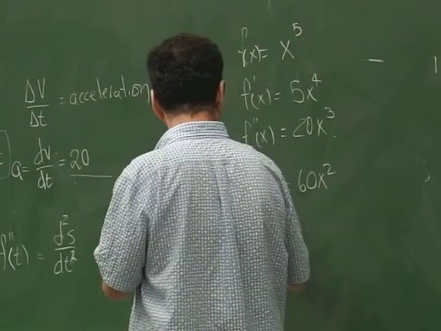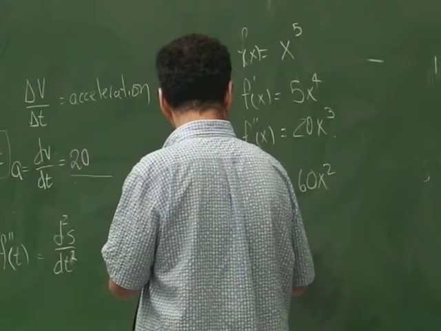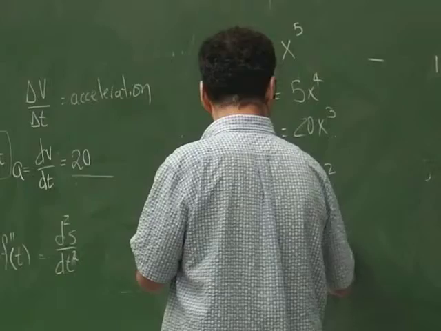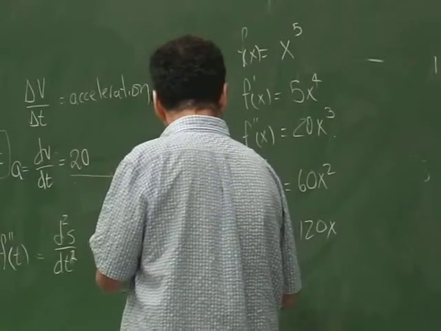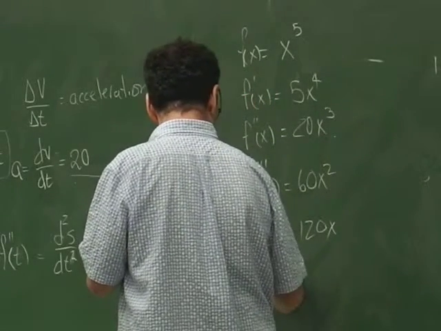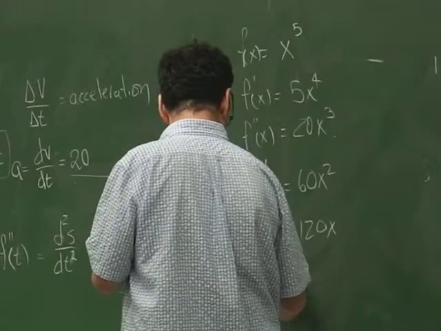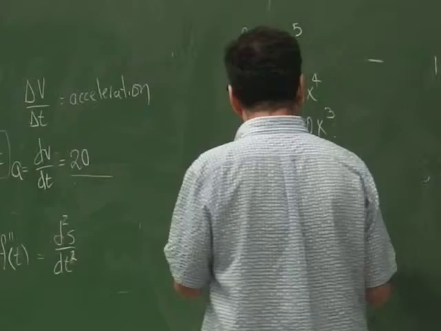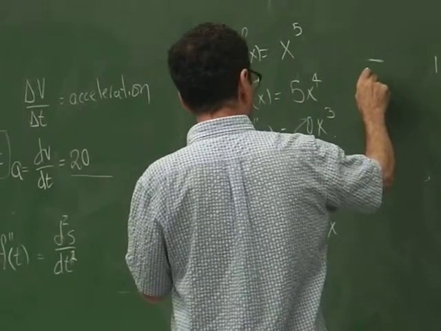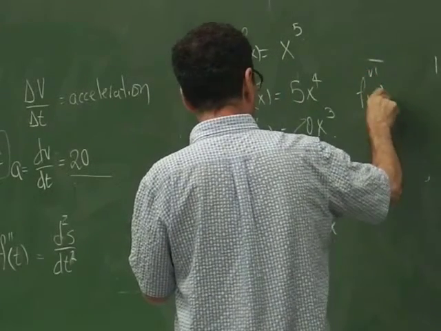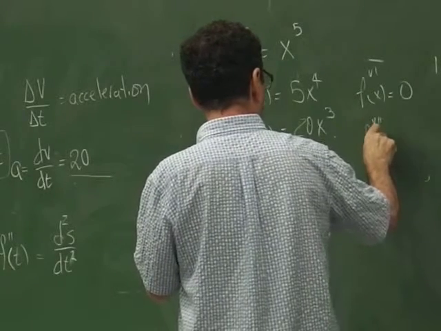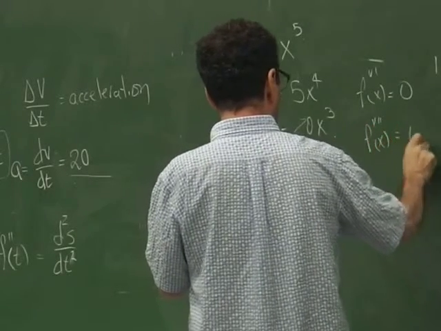If I keep going, this is usually written with Roman numerals, is 120x, and then if I keep going more, the fifth derivative, I get 120, and then if I keep going, the sixth derivative, 0, the seventh derivative, still 0, and so on.